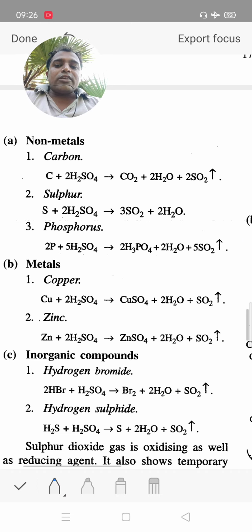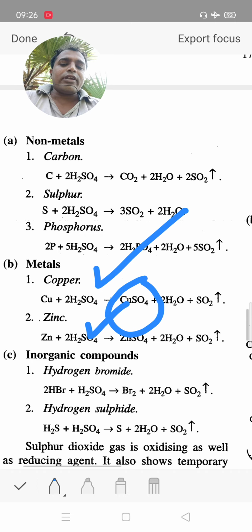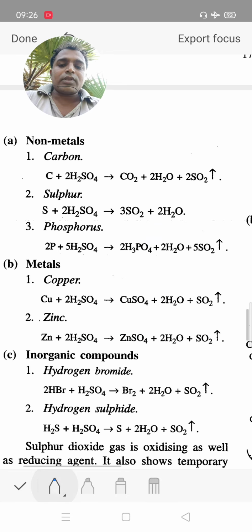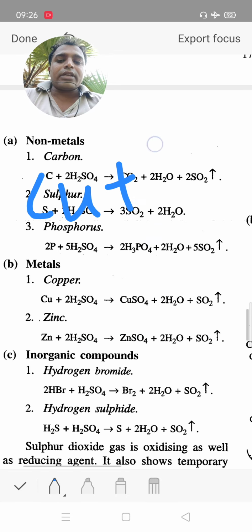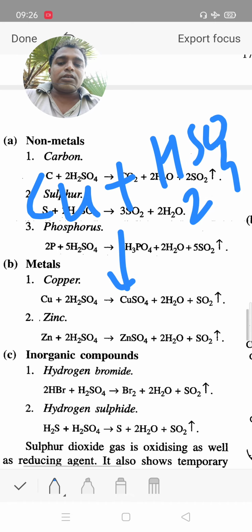Concentrated sulfuric acid also reacts with metals like copper and zinc. When sulfuric acid reacts with copper, it gives copper sulfate and evolution of sulfur dioxide. Now the first reaction: copper reacts with sulfuric acid, it gives copper sulfate.